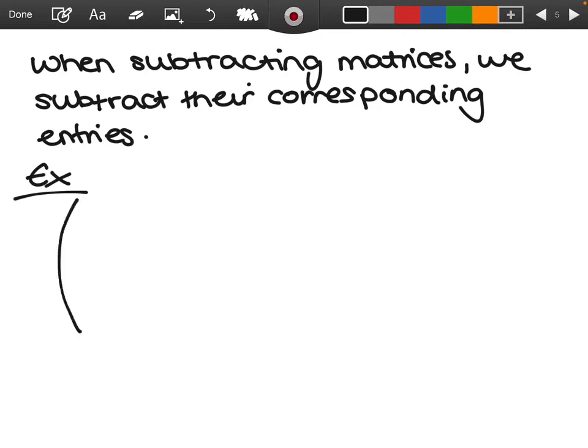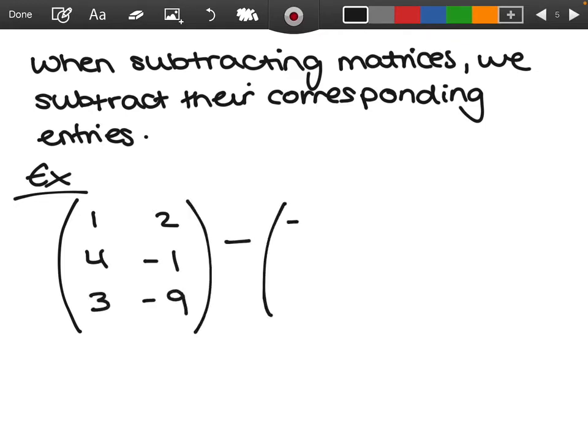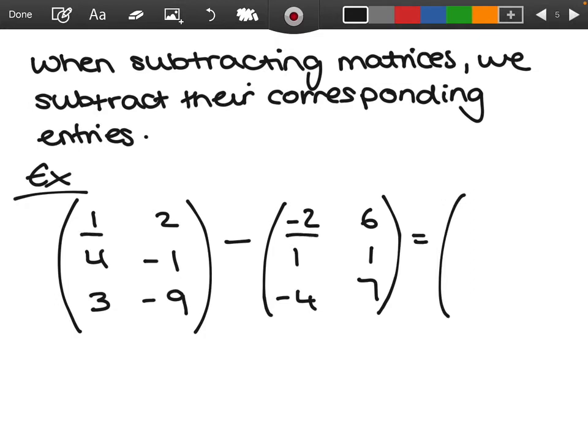You have to have matrices of the same size or this doesn't work. So if I took my last example, but this time I subtracted the two matrices, I just subtract my corresponding entries.